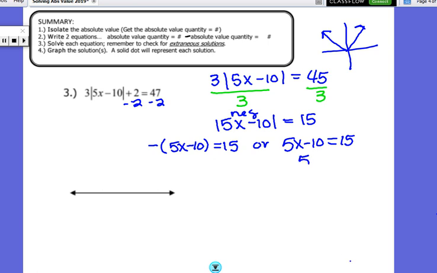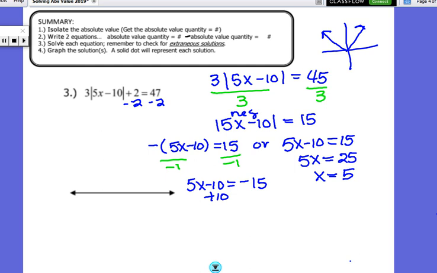All right, so I'm going to add 10 to both sides. 15 plus 10 is 25. Divide both sides by 5, which 25 divided by 5 is 5. All right, let's work on the other side. I could distribute my negative, but a quicker way to do this is to divide both sides by negative 1. That's going to give me 5x minus 10 is equal to negative 15.